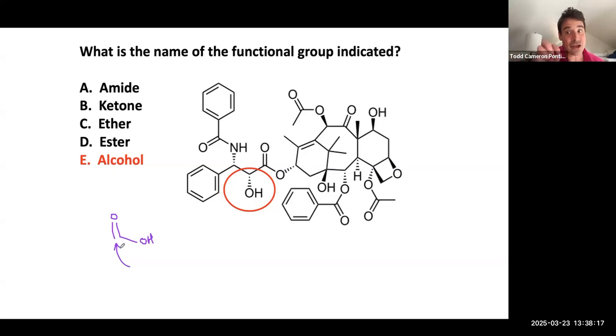So it has to be attached to that carbon-oxygen double bond. This one, you'll notice that carbonyl is 2 carbons away. Therefore, this is an alcohol. Just want to point this out because sometimes these subtleties, especially when you're first doing this, can take some time to really get used to. Okay, let's continue.